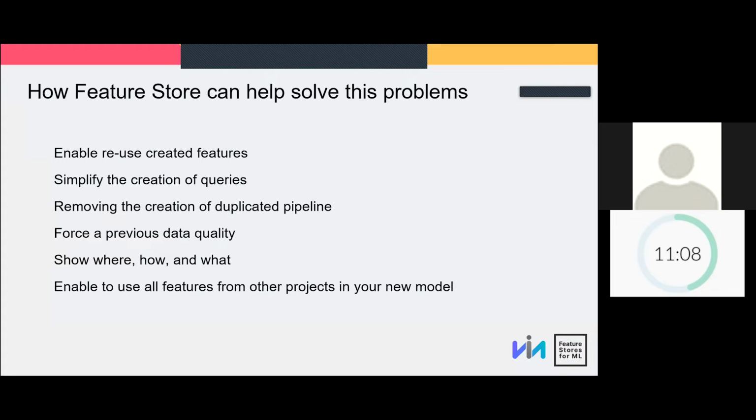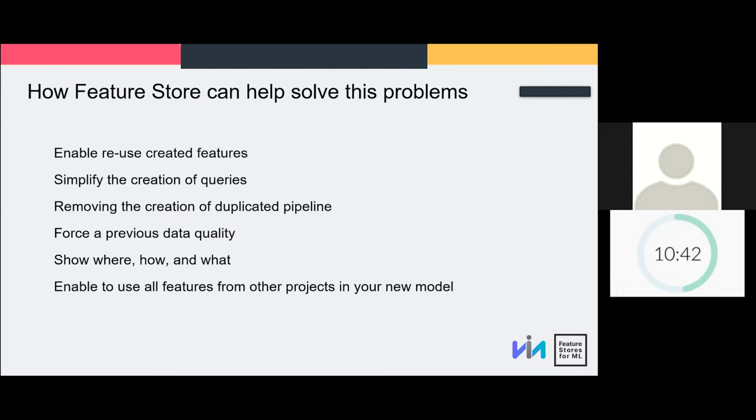This simplifies dramatically how you can fix or adjust a feature and evaluate how profoundly this adjustment will impact your models. So with this vision of all your features and all your pipelines, you know what the impact is in your entire process. And the last one is enabling you to reuse all features from other projects in your new model.